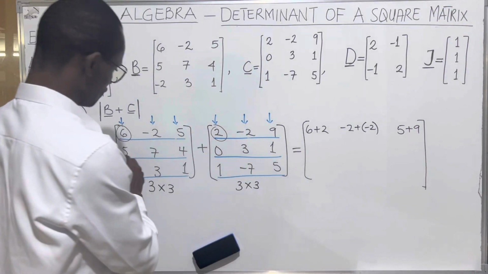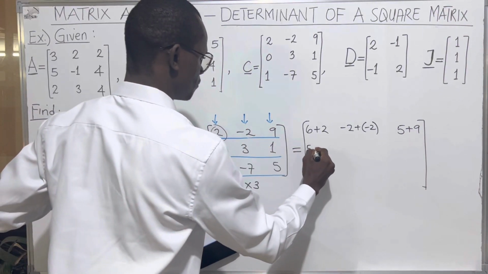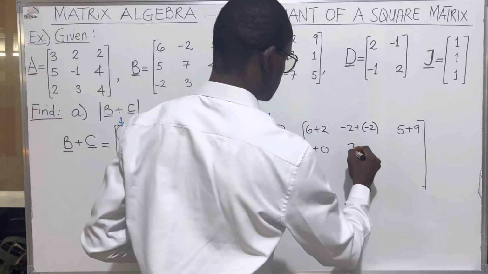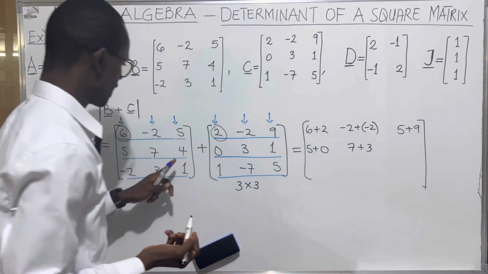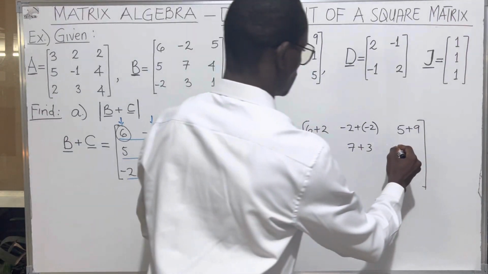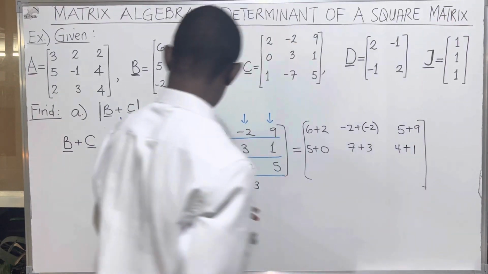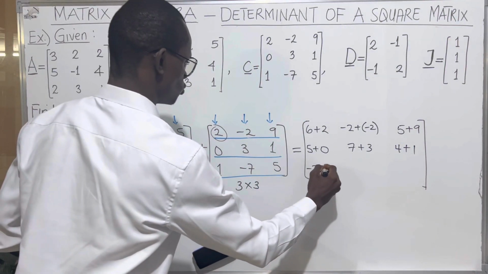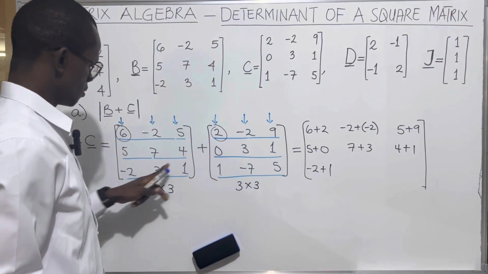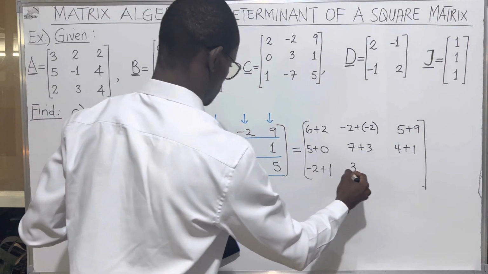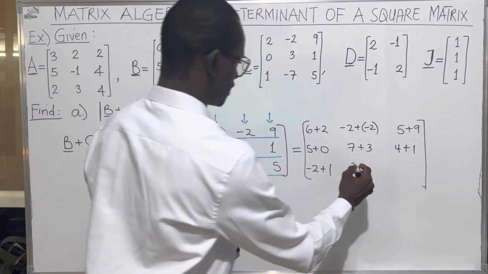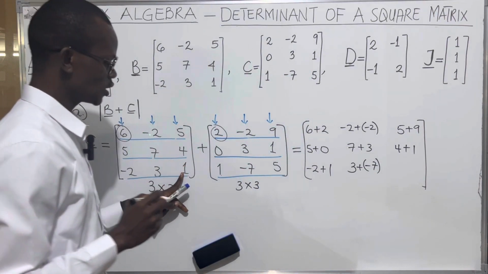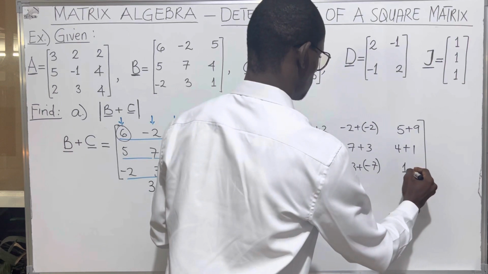We have 5 plus 0. Then we have 7 plus 3. Then we have 4 plus 1. And here we do have minus 2 plus 1. Then positive 3 plus negative 7. Then positive 1 plus positive 1 plus 5.